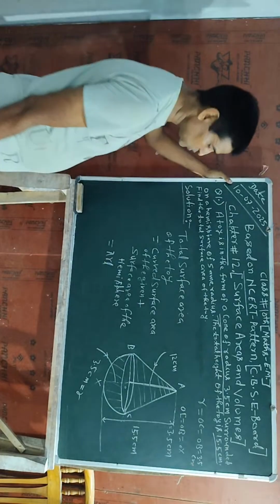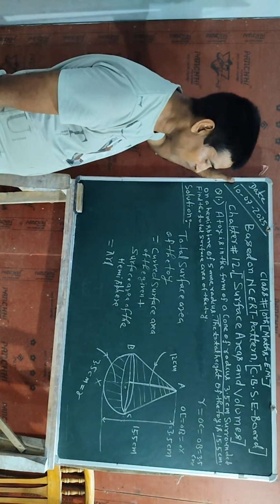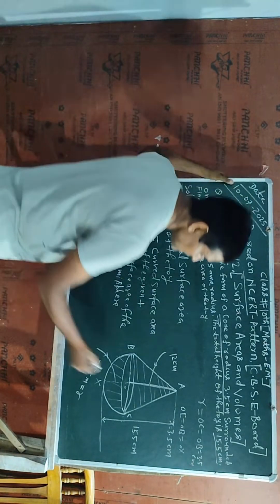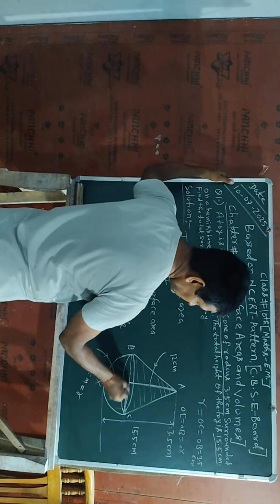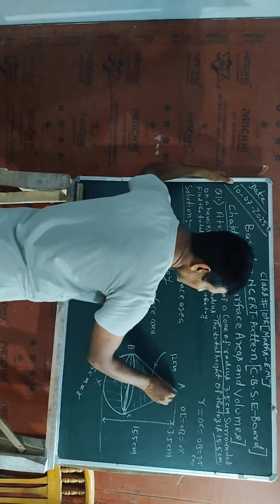So we also have to get the value of L. I will use the Pythagoras theorem, because this length is given here. We have 3.5 centimeter, and this is also a length.